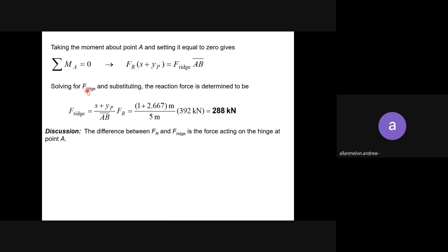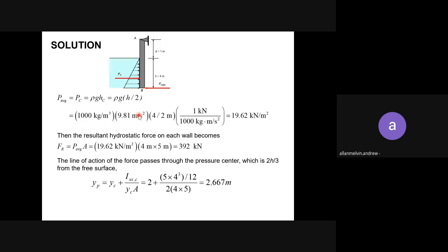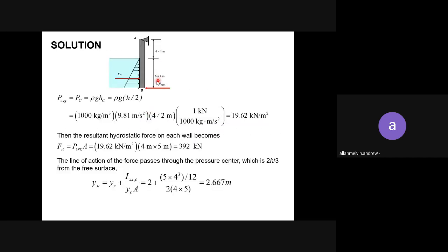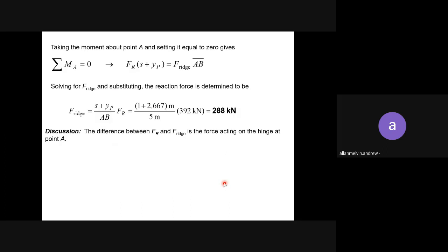So solving for F reach, all the other information you already got. So you rearrange the formula: S plus Yp over AB, bring it down, so the length of AB times FR. Okay, S is 1 meter, Yp is 2.667 from earlier.